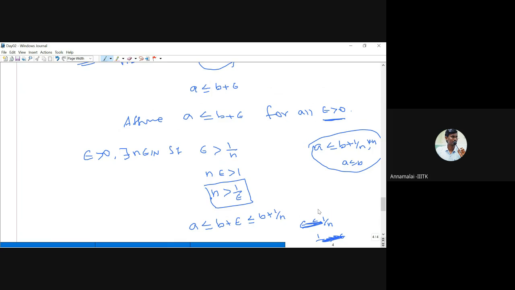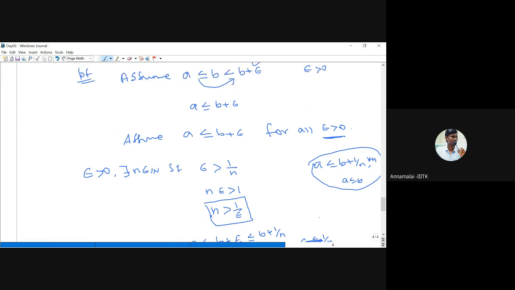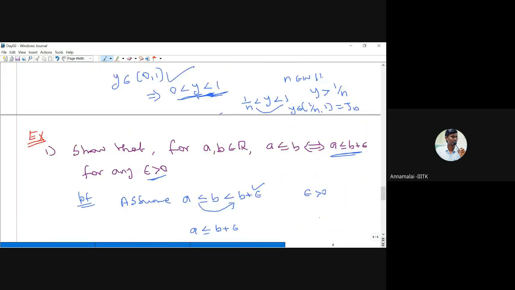Apply the arithmetic property: for this given positive epsilon, there is a natural number n such that n into epsilon is greater than... Anyway, we need some time, so just assume the result. a is less than or equal to b if and only if a is less than or equal to b plus epsilon for every positive epsilon, not for a single epsilon.